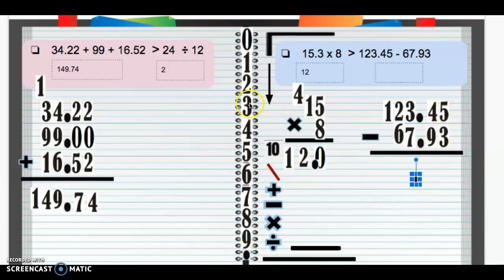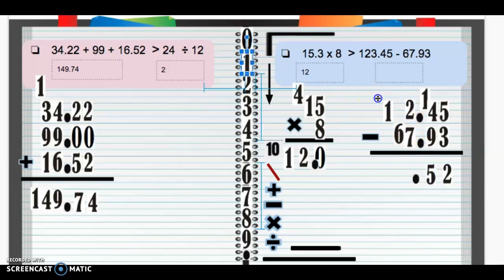5 minus 3, 2. 4 minus 9 I can't do, so the 3 becomes a 2. The 4 becomes a 14. So 14 minus 9 is 5. 2 minus 7, I can't do, so I go to my 2.